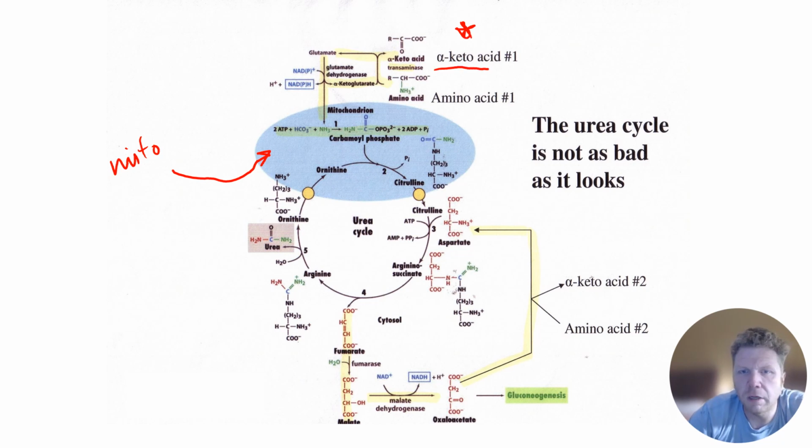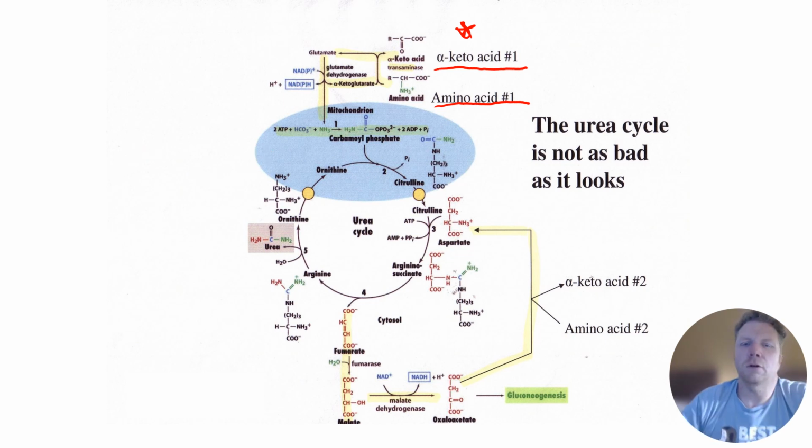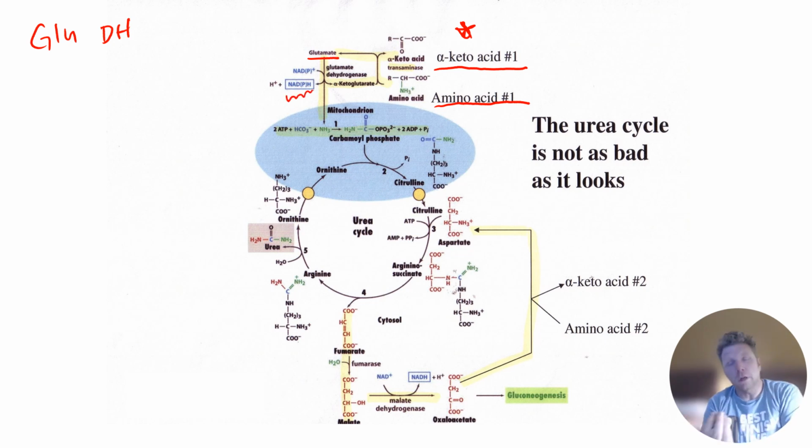We're going to start up at the top. We have an alpha keto acid and an amino acid. This is just a general amino acid. We are going to carry out our transamination reaction. In that transamination reaction, we're going to produce glutamate. That is going to be used by glutamate dehydrogenase, which generated our NADPH or our NADH.